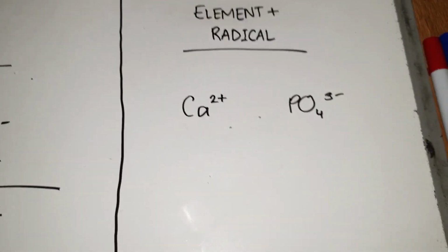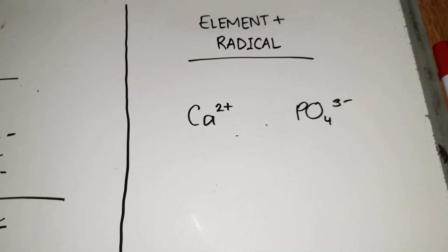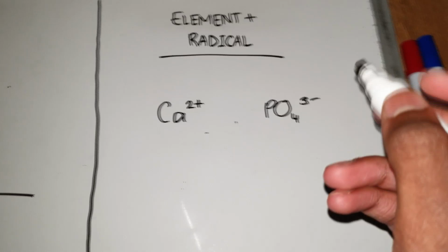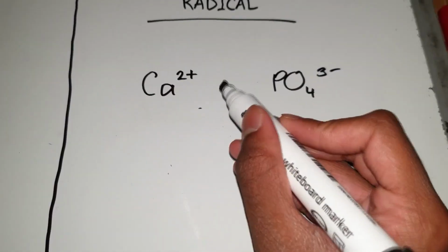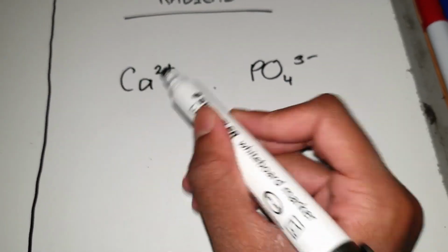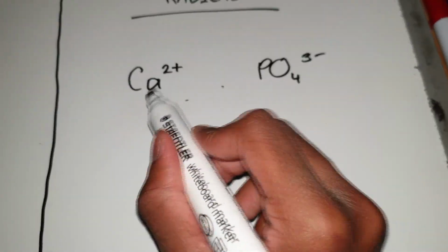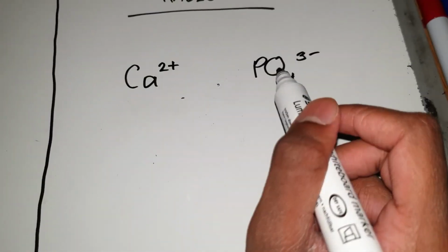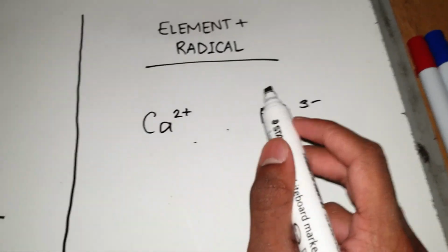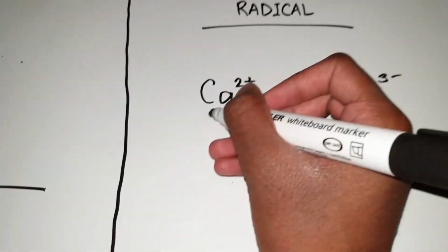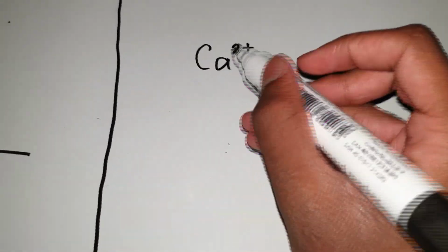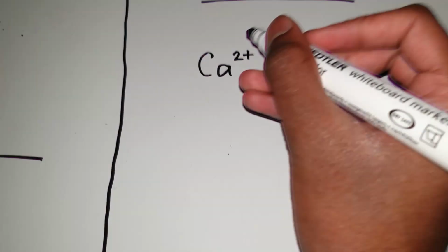In the case of elements and radicals, compounds with these, it's very similar to ionic compounds. So we have to make sure that we multiply the element and the radical as many times as required until they come to the same number of charge. So we can see that we can multiply calcium by 3.